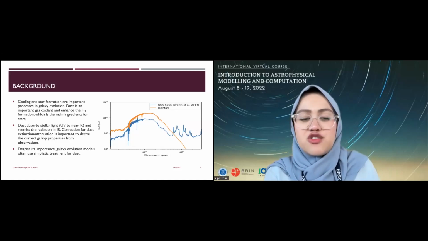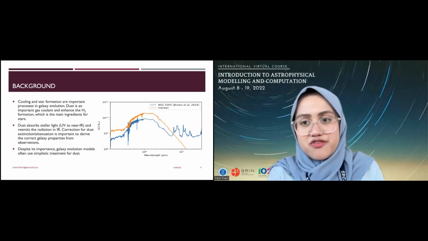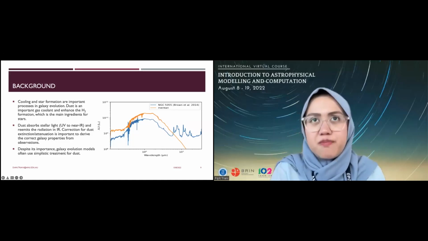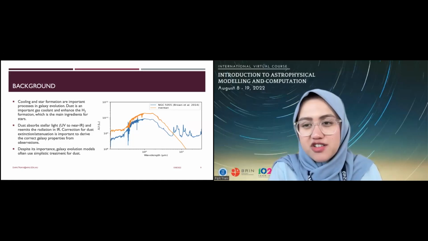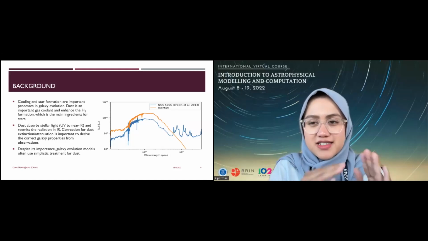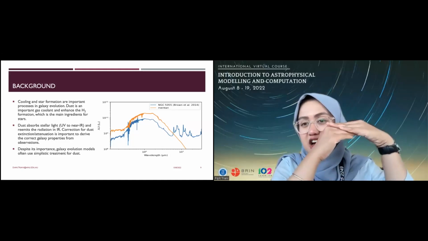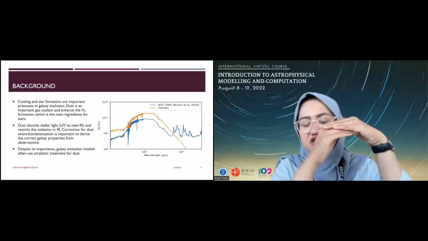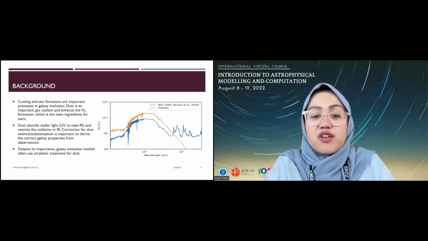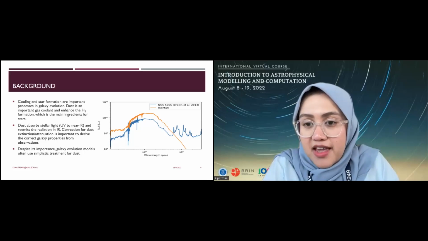They usually use a very simplistic treatment for dust. Before, people focused on learning about stars, but now I think all of the models have got the star formation correct, like the luminosity function, so now people turn the focus towards dust.